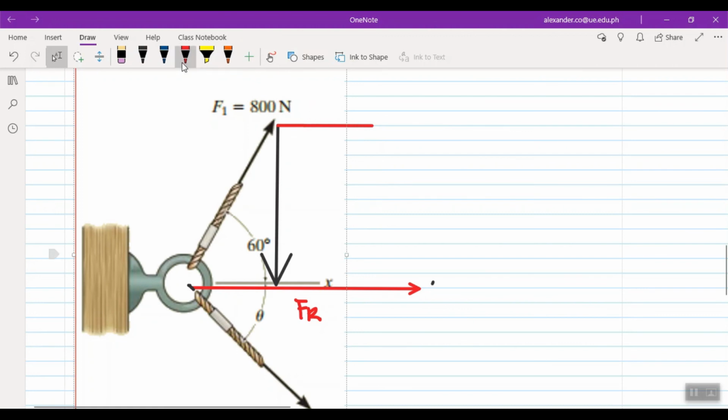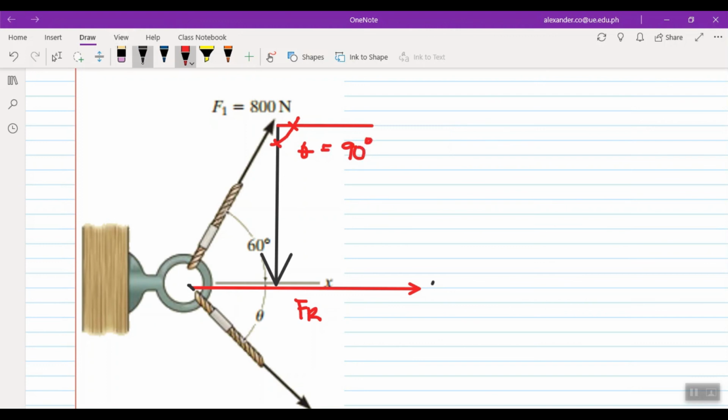Ayaw magsulat. Ito pala dapat kasi. Yun. So, the answer is 90 degrees. Nasagutan kaagad natin siya.